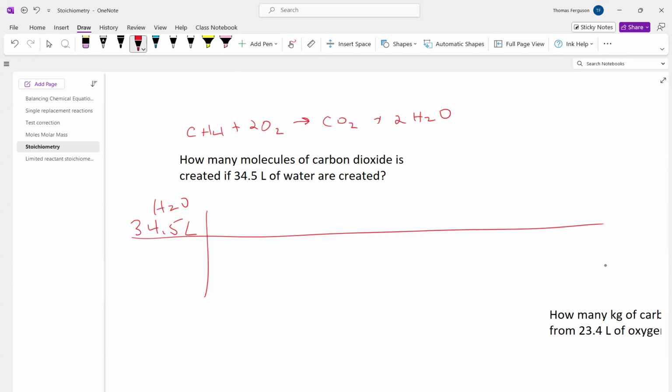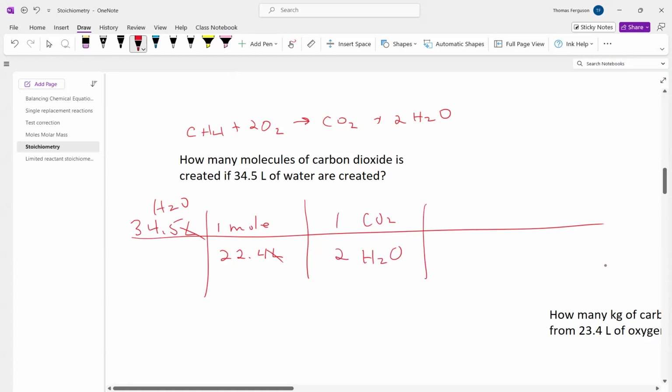Okay, so first step is convert to moles. Since we're using a gas at STP, we can use 22.4. All right, next we need to look at the coefficients for water on the bottom, carbon dioxide on the top. And now we have moles of carbon dioxide.